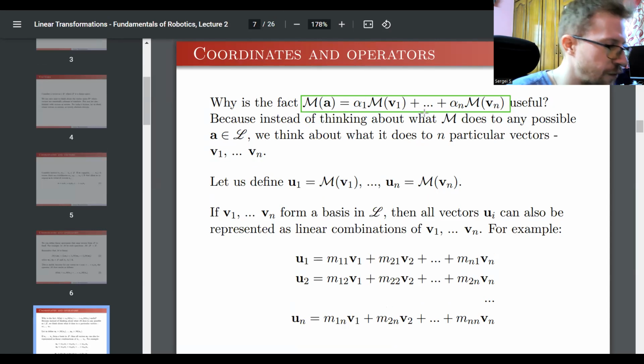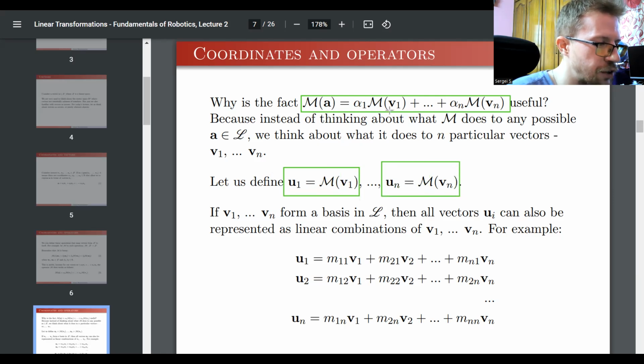That is what I was hoping. I'm hoping that what I'm teaching you here will remind you of what you already had in linear algebra. Okay, good. And now let us define what M does on those vectors.